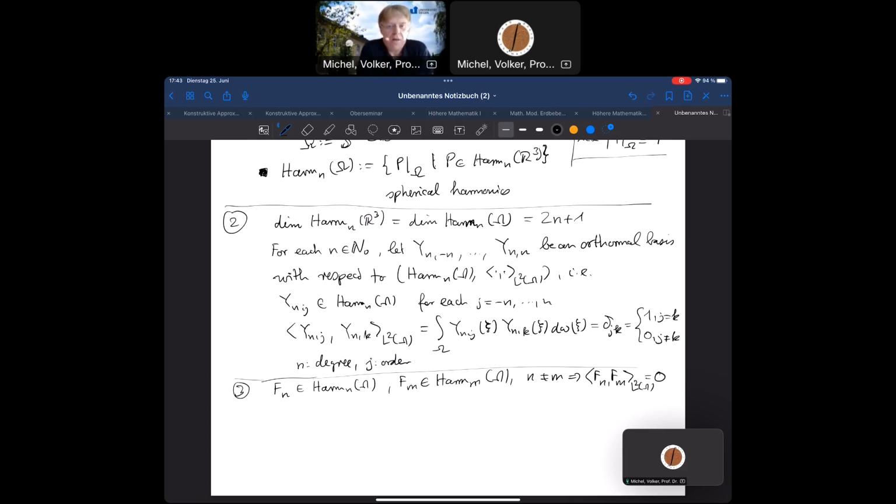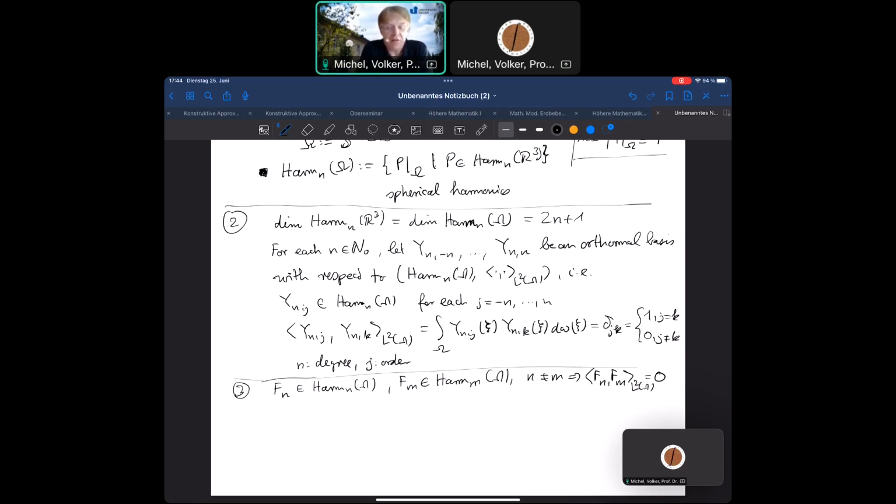It's very helpful because I only have to take care in my part 2 here that for every separate degree, I achieve the orthogonality. So for every separate degree, I need to find 2n+1 functions, and I have to make sure that they're orthogonal to each other. The normalization is something rather easy in the end, relatively. So I only have to take care for every separate degree to get an orthogonal system. I need not take care of that if I look now at the different degrees, that they are now orthogonal to what I did before.